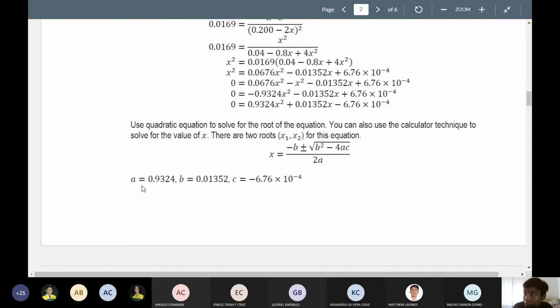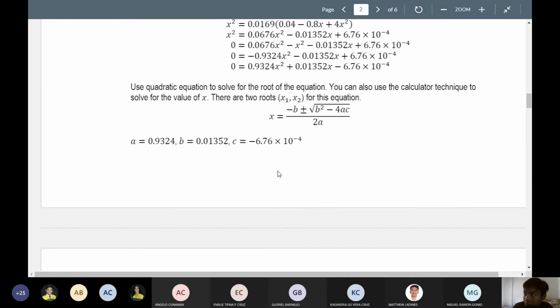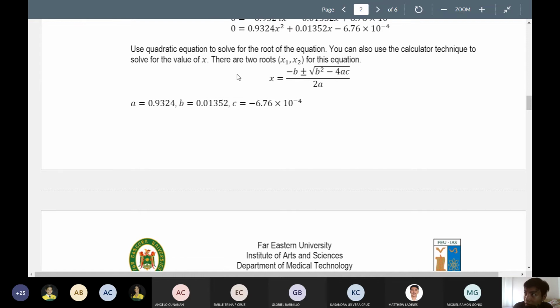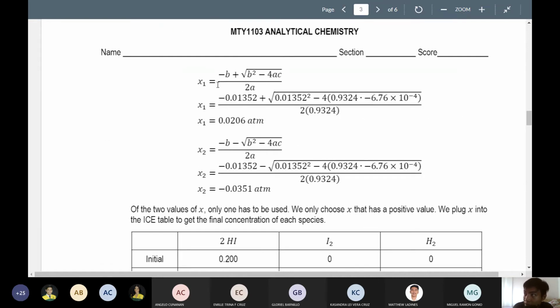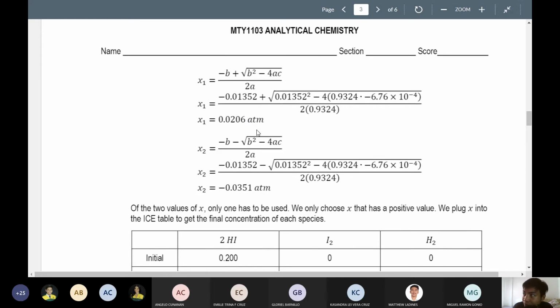Okay? Then, alamin mo yung ABC. Then, ipa-plug in mo yon dito sa quadratic formula. So, yung isang x, positive yung sign ng square root. Yung isang x, negative yung sign ng square root. I-plug in mo lang yan lahat. Carefully i-plug in para tama yung makuha mong x values.